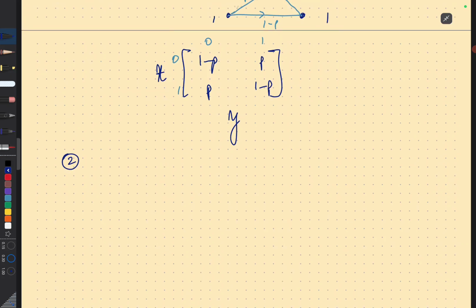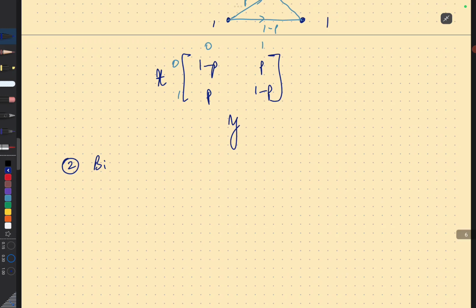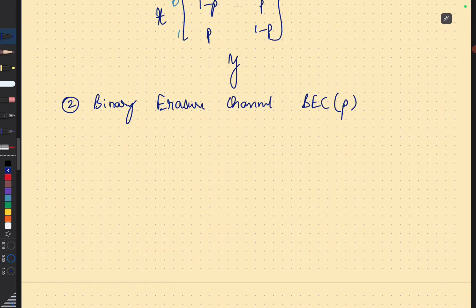The second example, again something that we'll frequently refer to, is called the binary erasure channel. In this case, the channel doesn't introduce any errors as such, but what are called erasures. This is abbreviated BEC, and again it is characterized by a parameter P, which I'll call the probability of erasure, or erasure probability.